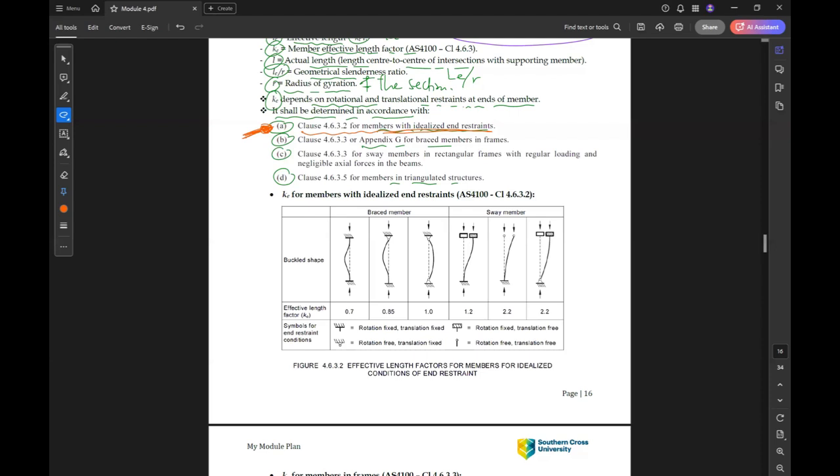How much is K effective? 0.7. If we have top as pinned and bottom as fixed, so 1 fixed and 1 pinned, K effective is 0.85. The third case is if we have both of them pinned, which is the case here on the left, or the ideal case. Here K effective equals 1.